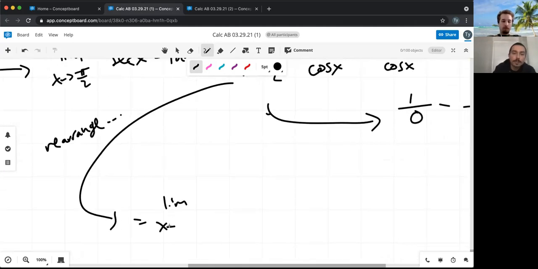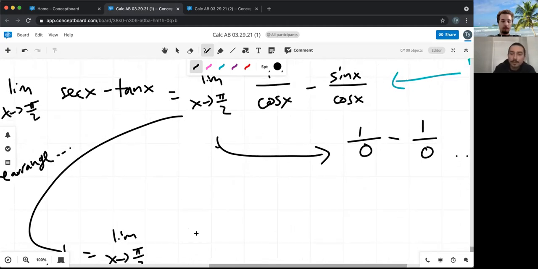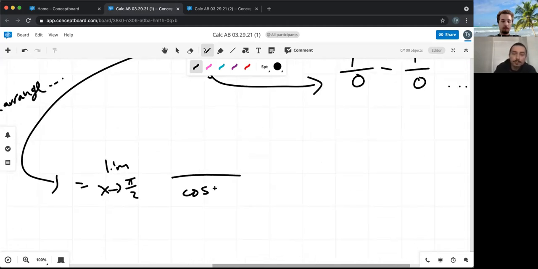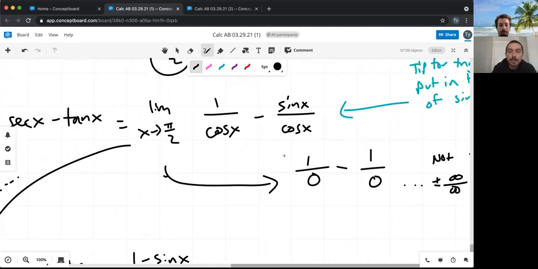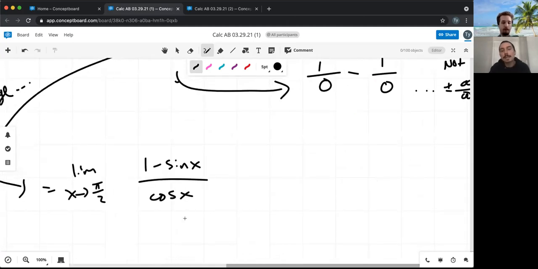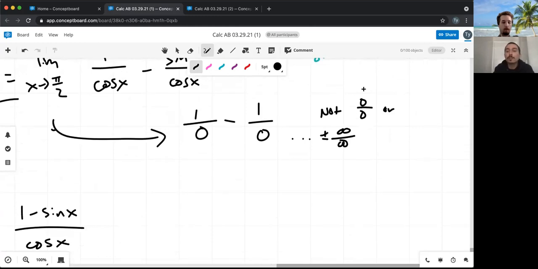So that limit is the same as, well, they both have a denominator of cosine. Let's put them together. So all I did here, I realized they had the same denominator. I put it as a single fraction. This is something you probably want to do in general, because the forms we're looking for are single fractions, right?